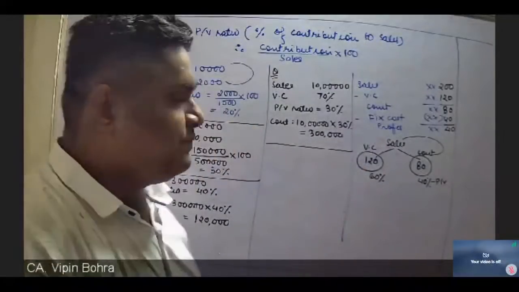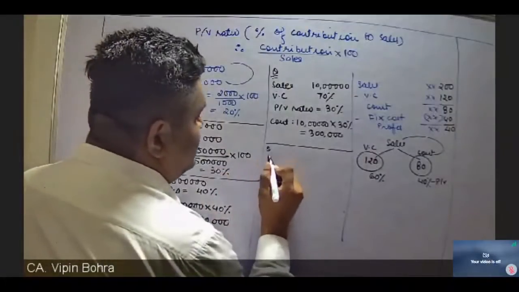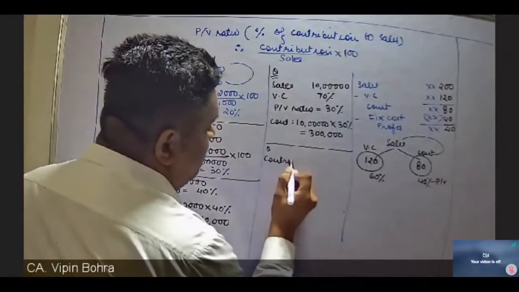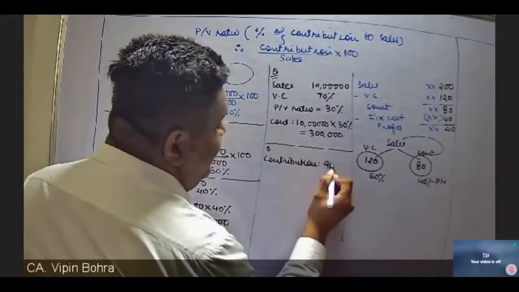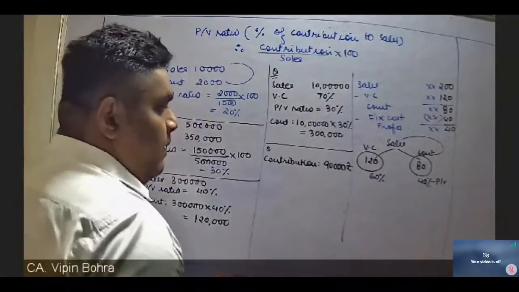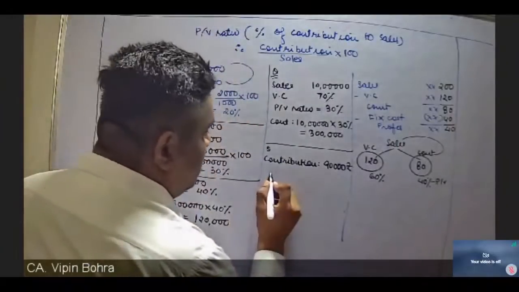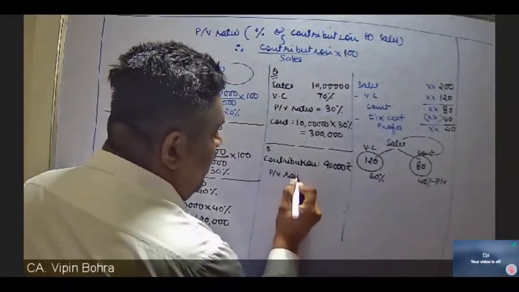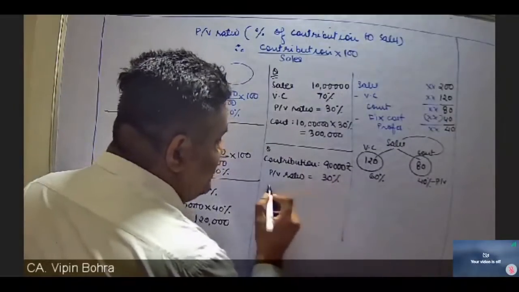Now, one more question. Now suppose my contribution is say 90,000 rupees. And my percentage of contribution to sales is 30%.